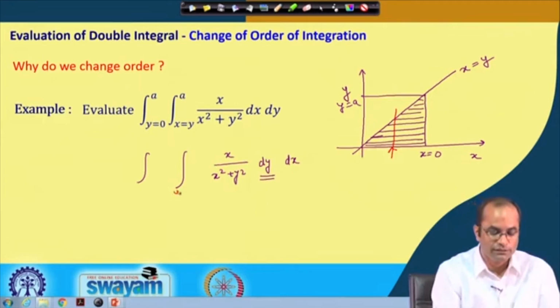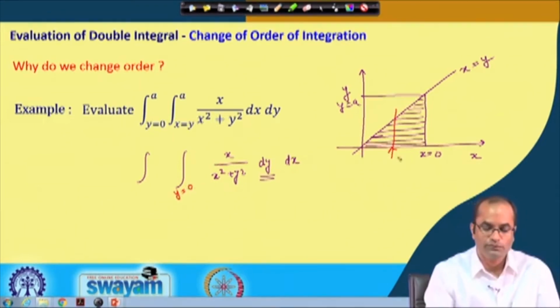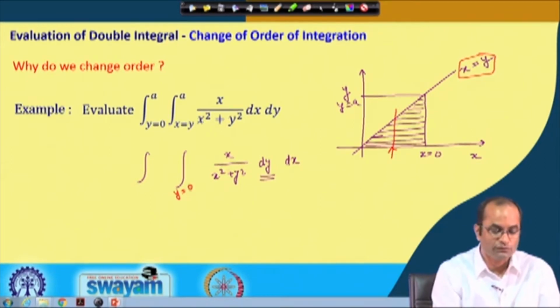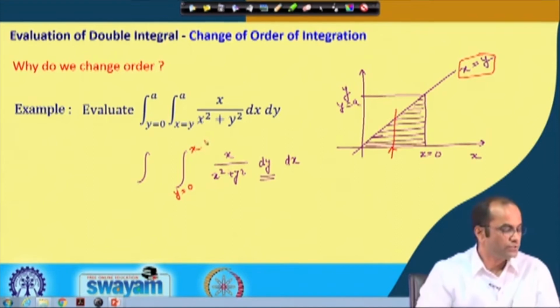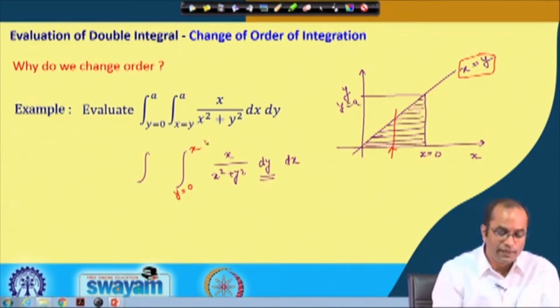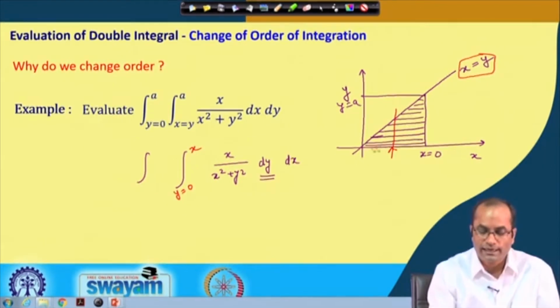For covering the whole domain, it is entering at y is equal to 0, and it is leaving the domain exactly at this line where y is equal to x. So, y goes from 0 to x, and the limit for x will be from x is equal to 0 to x is equal to a.